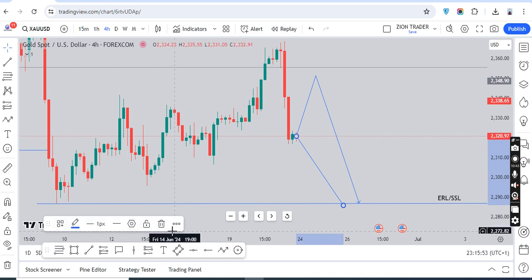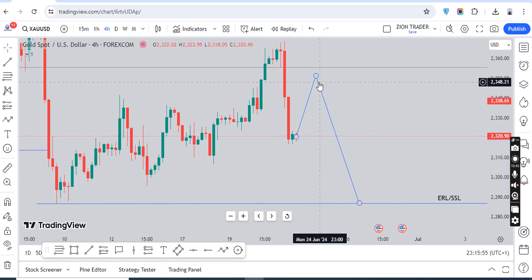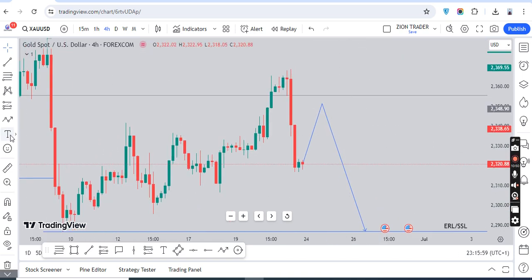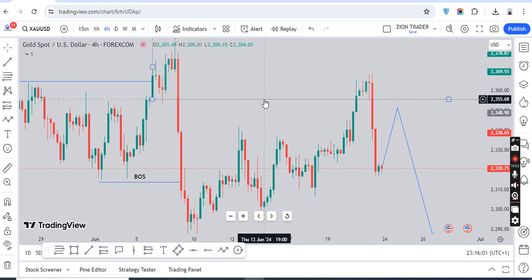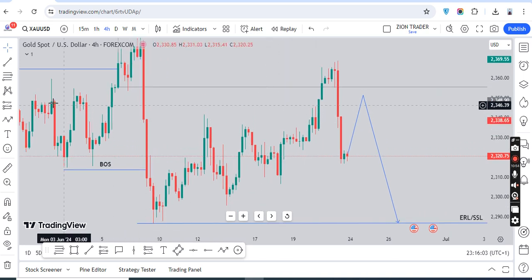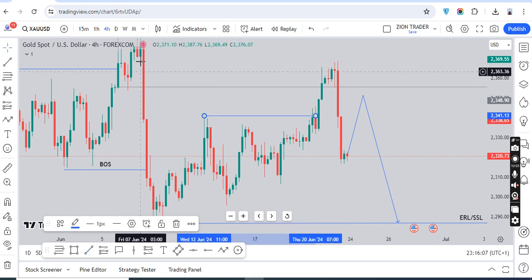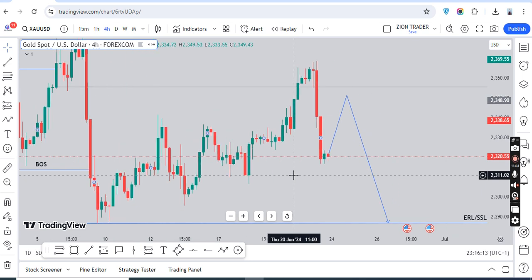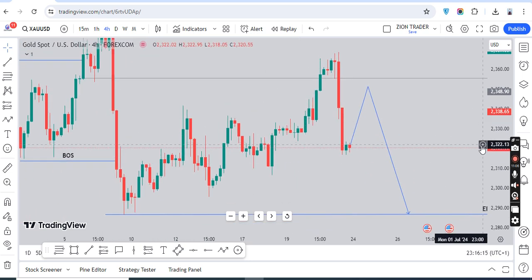I don't know, but price could possibly do this. These are possibilities I'm looking at in this market, right? You've seen that we sold off from the daily order block, after taking out all of these liquidities and filling up all this imbalance, guys. So according to my analysis, gold is still very bearish, right?